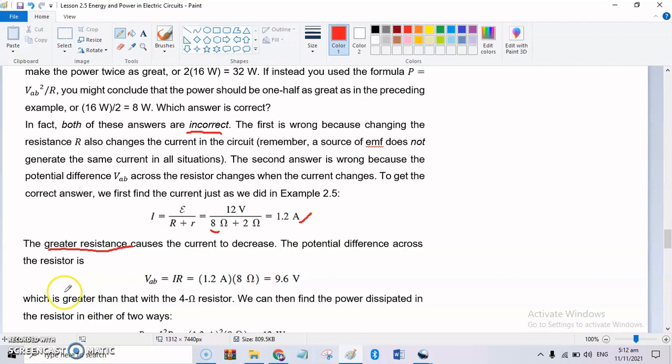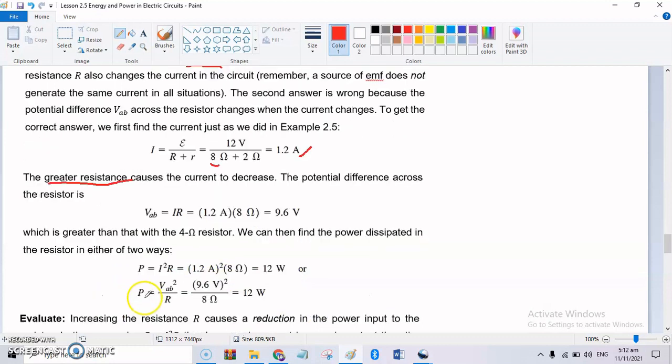Now, the potential difference across the resistor, VAB equals IR, is 1.2 times 8, which equals 9.6 volts, which is greater than that with the 4 ohm resistor. We can then find the power dissipated in the resistor in either of two ways.